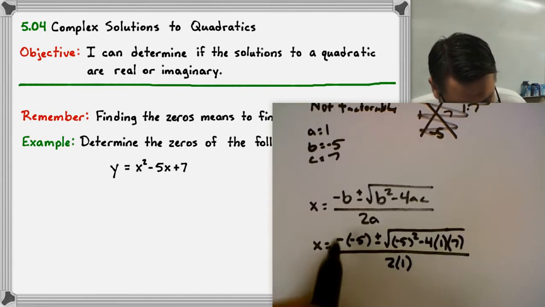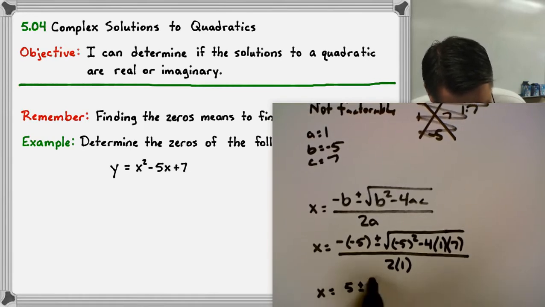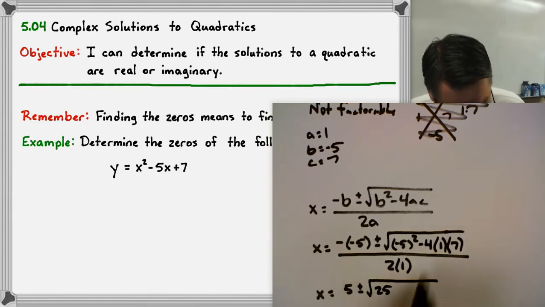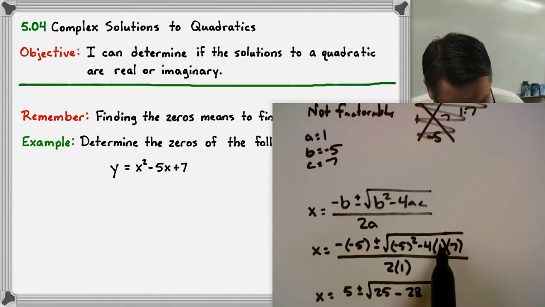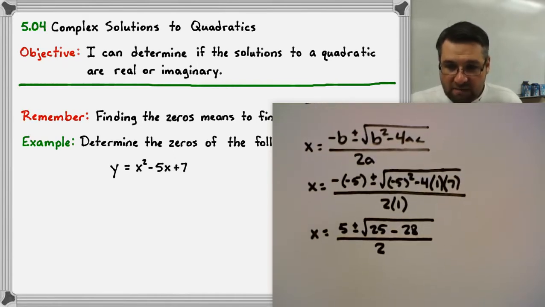So we can do the negative 5, which is positive 5, plus or minus the square root of negative 5 squared, which is 25. And then 4 times 1 times 7, that's 28, and we have the minus out front. Negative 4 times positive 1 times positive 7 is negative 28. And then all over 2. Okay, so we have that.